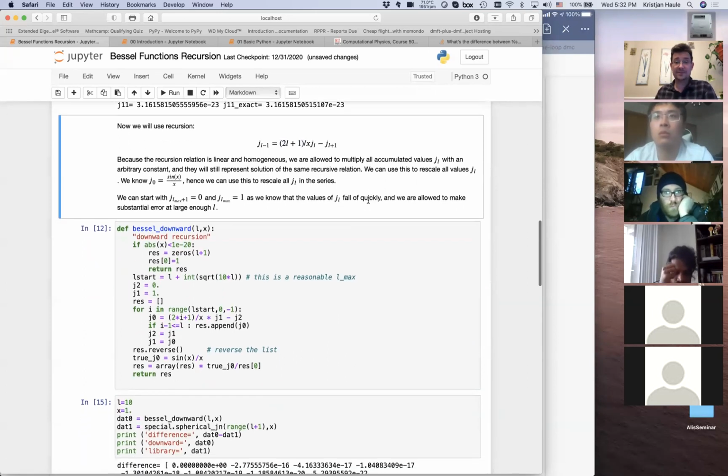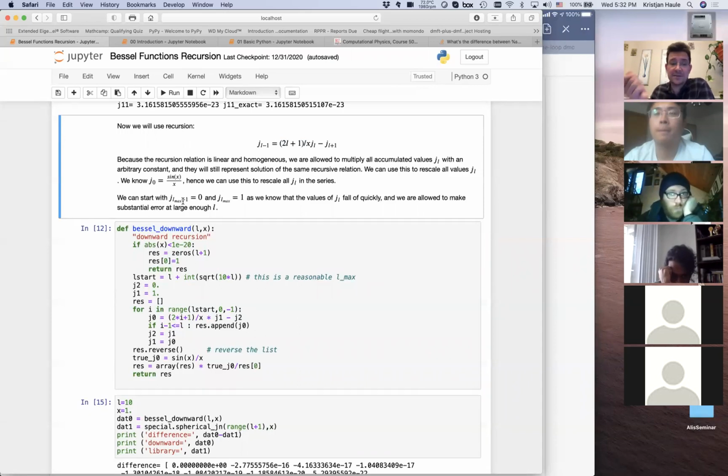Once we understand the algorithm, the code is actually pretty simple. It's really not hard. The only thing that we will probably need to experiment a little bit with is how to choose L max. Given an L that we need, let's say L equal to 10, what would be a good L max? It has to be somewhat bigger than 10, maybe 20, maybe 30.